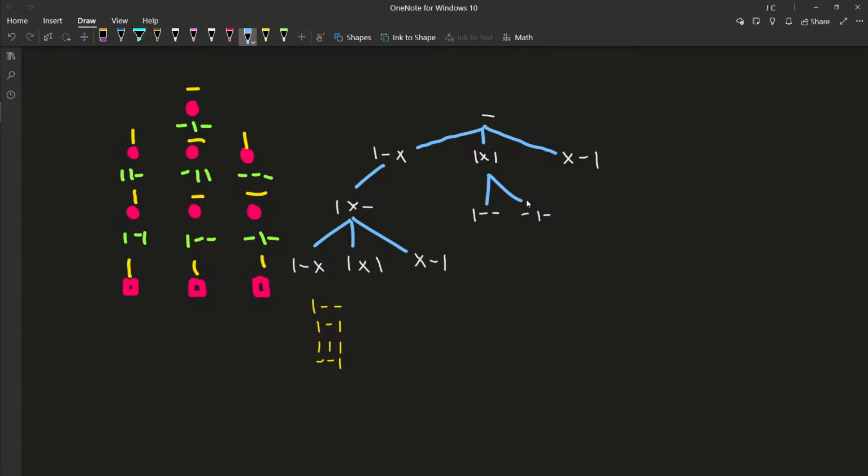Right. And yeah, I think dash one dash dash 1.